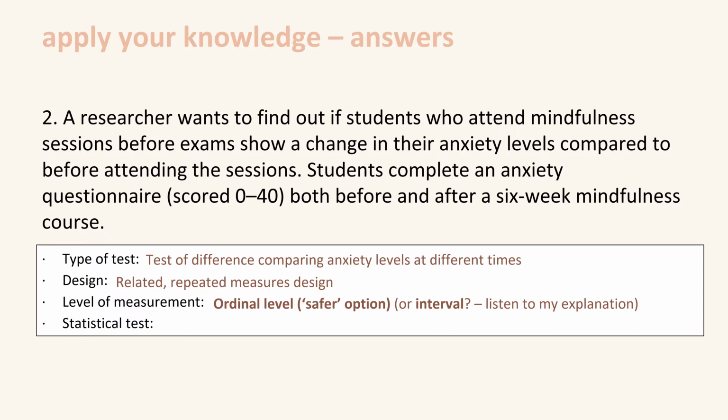Overall, as long as you can justify your decision, you're safe. However, I'd advise you to go with a safer option, the lower level of measurement, that is, the less precise or less informative one. So in this case, ordinal. So, based on these decisions, we would choose the Wilcoxon test.